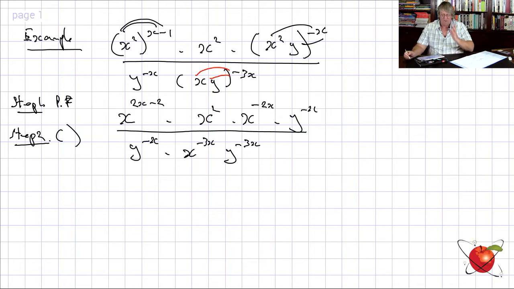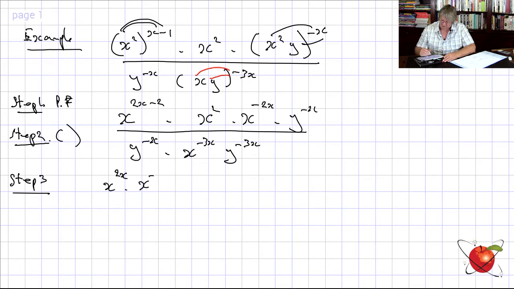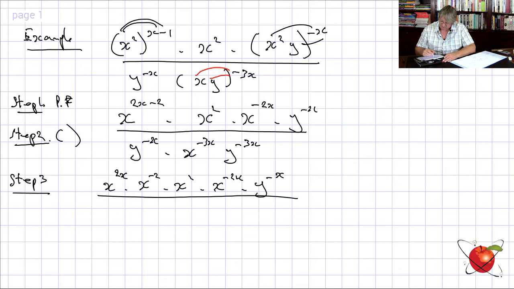Okay, what did the next step of the recipe say? Step 3, I know that's coming. Step 3 is going to be factorize. Let's split it. x to the 2x, x to the minus 2, x to the 2, x to the minus 2x, y to the minus x, all over y to the minus x.